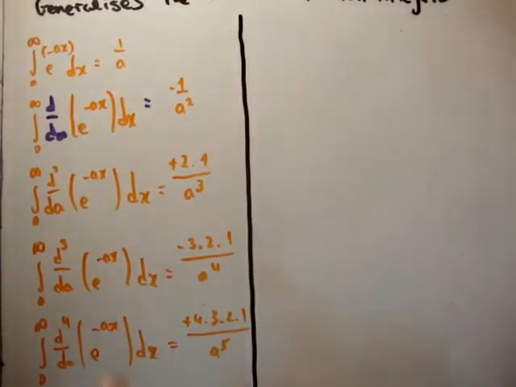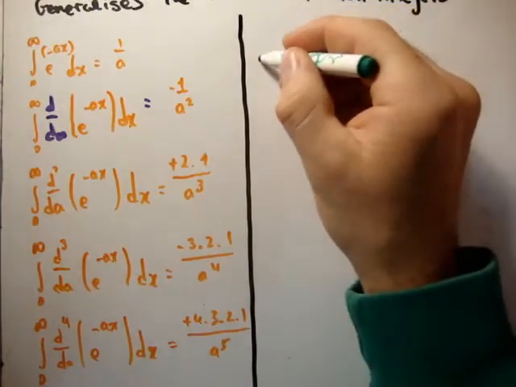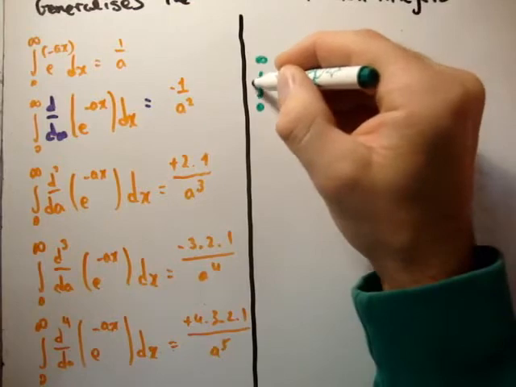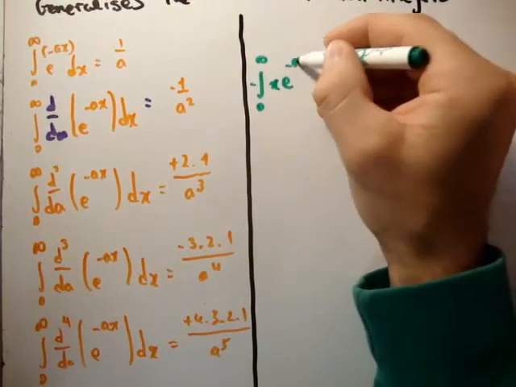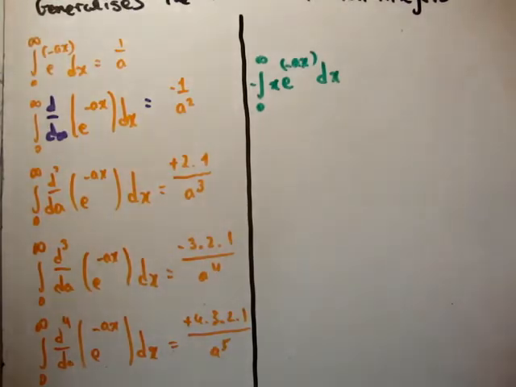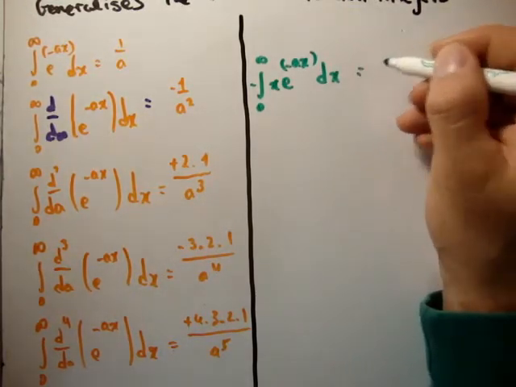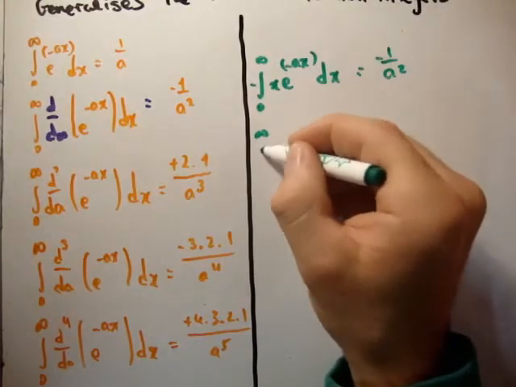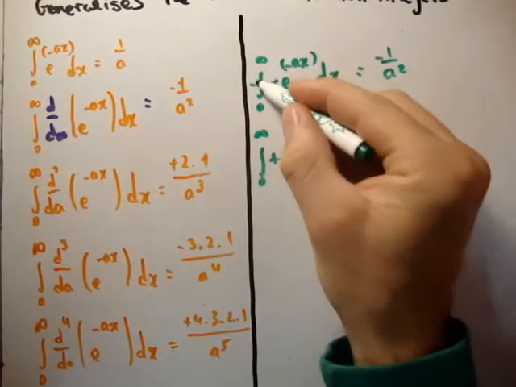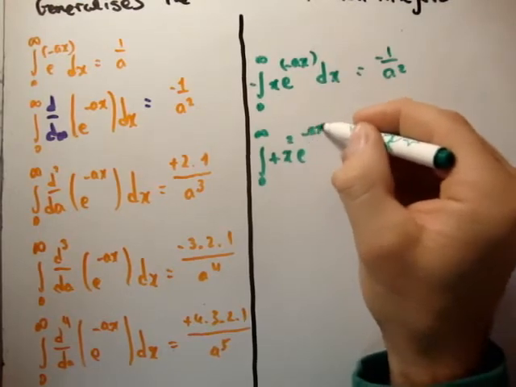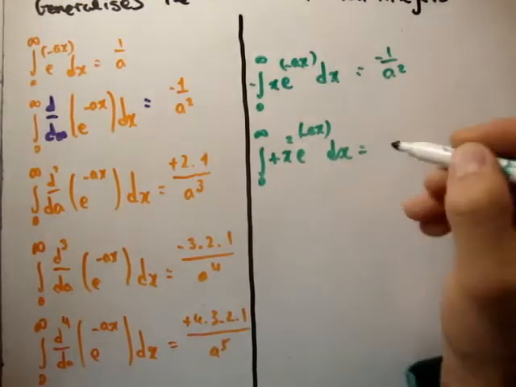Let's look at this one here. What if instead I did the following integral? I integrated minus x times e to the minus ax dx. Well, I'm telling you, if you do that integral, you're going to get minus 1 over a squared. If you do the following integral, this time it's plus, so go minus to plus, well, take a guess what we're going to get here.